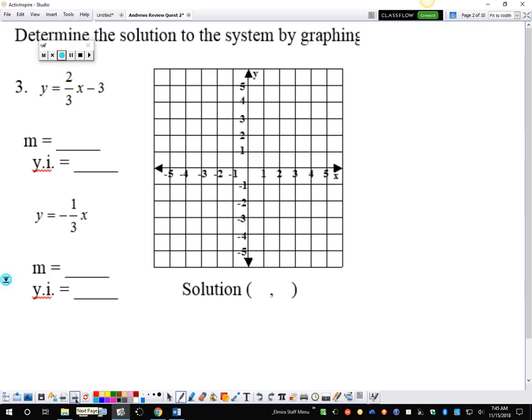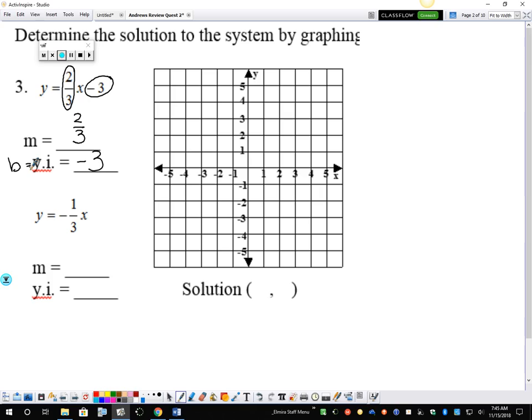Okay, so for number 3, you're being asked to solve a system of equations by graphing. So I have our m of positive 2/3, and I have our b of -3. So b is also the y-intercept, and remember, B is begin.